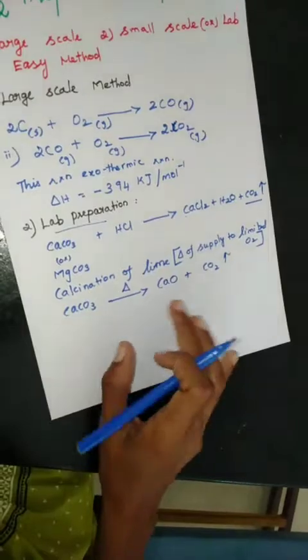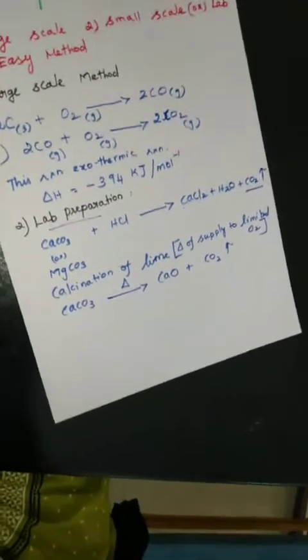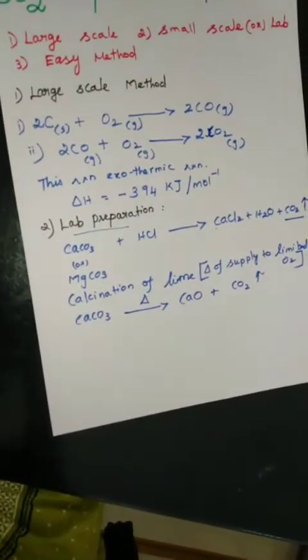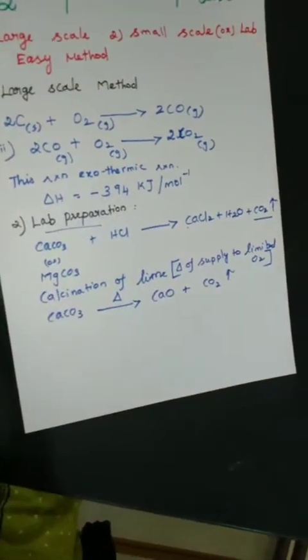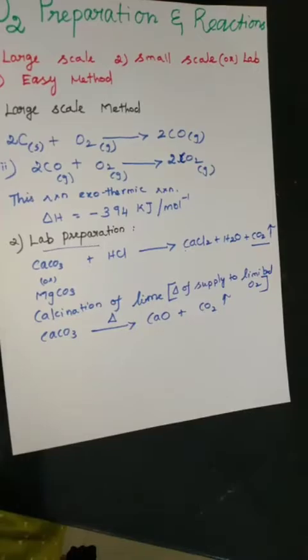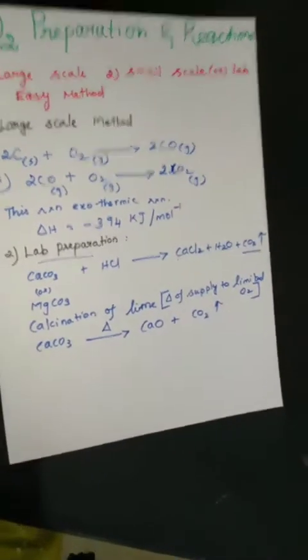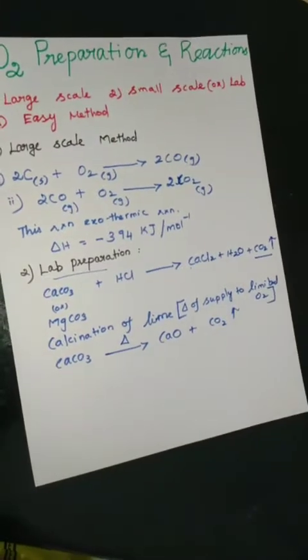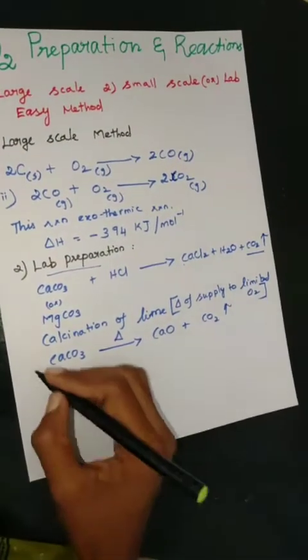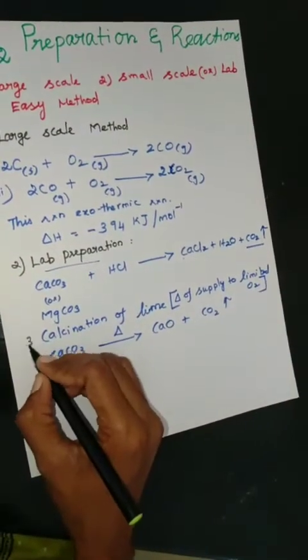So this is how they prepare calcium oxide, and we need the carbon dioxide, and we will separate this carbon dioxide. Okay, so this is the second lab preparation, second method, and the third method is, so it will be here, this is the third method.